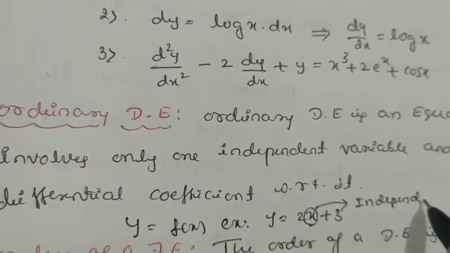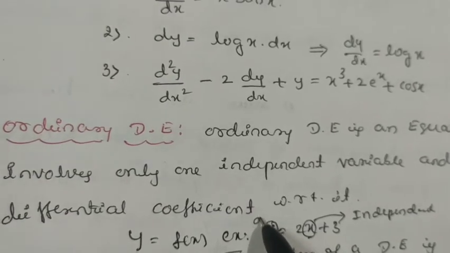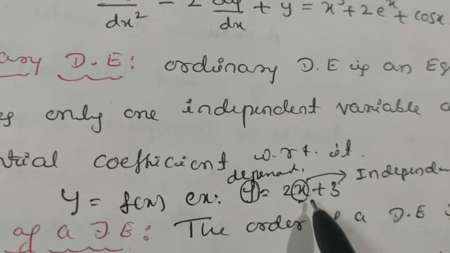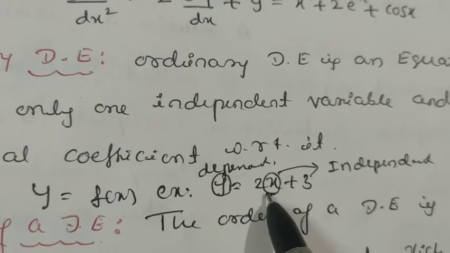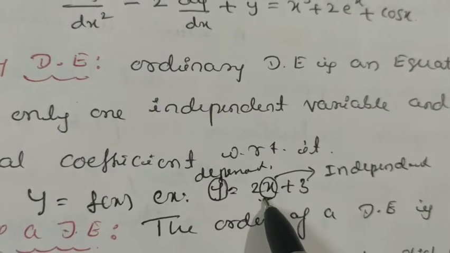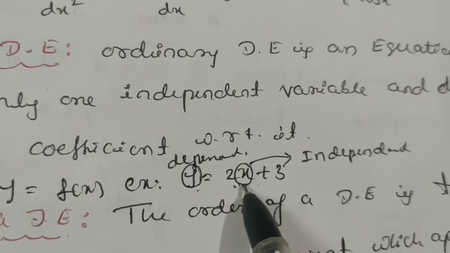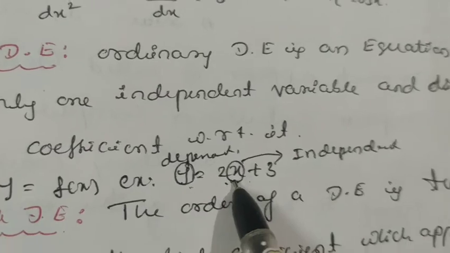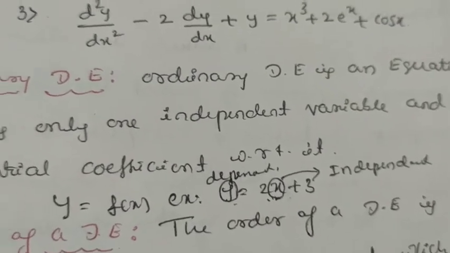And y is dependent, because whatever value of x we give, the value of y depends on it. Suppose when x is 1, the value of y is 5, and when x is 2, it is 7, etc. Therefore, x is independent and y is dependent.